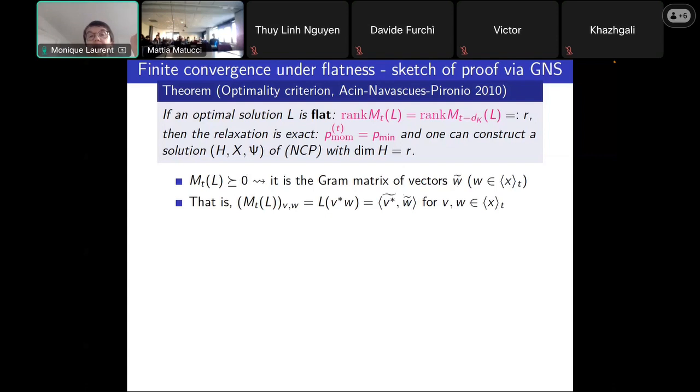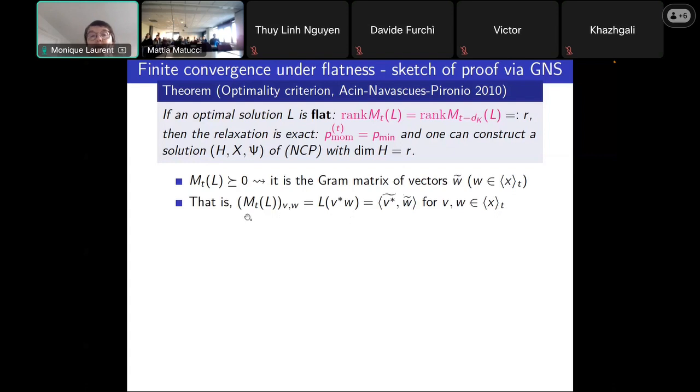And the property is that the entry of the moment matrix indexed by the words v and w is given by the inner product between the associated vectors v tilde and w tilde. By definition, the entry (v,w) of the moment matrix is given by evaluating L at the word v star w.